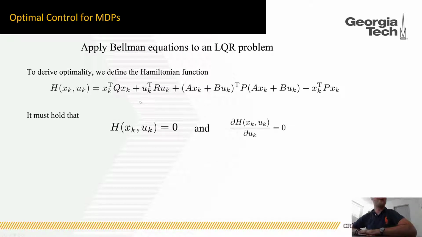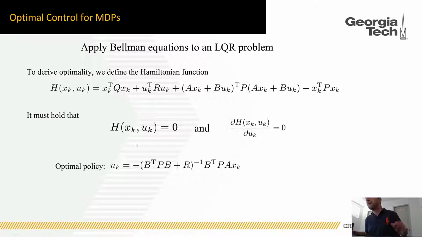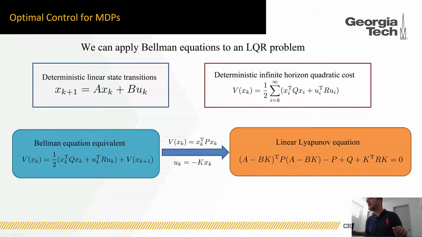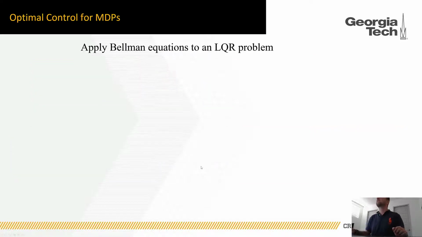So if you apply the stationarity conditions, then I can find my u_k, what you can think is my optimal policy. So my policy here becomes this guy over here, okay? So (B^T P B + R)^{-1} B^T P A is what you can see from before here. It's your K matrix, okay?